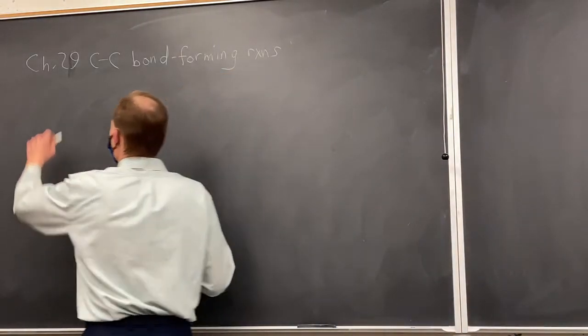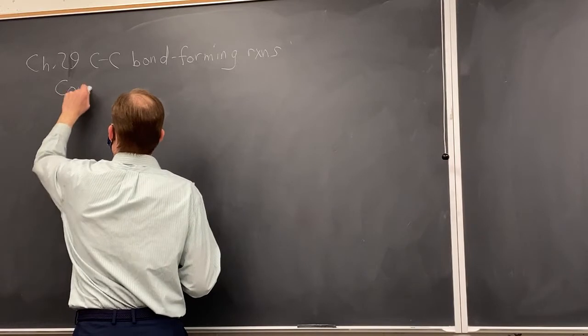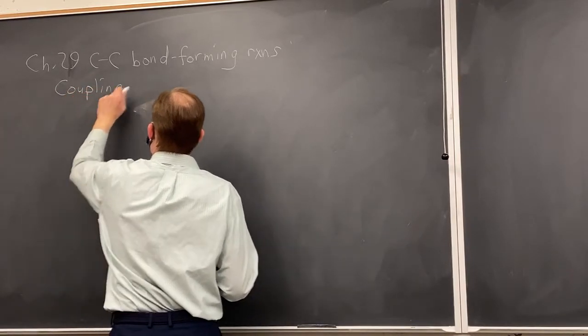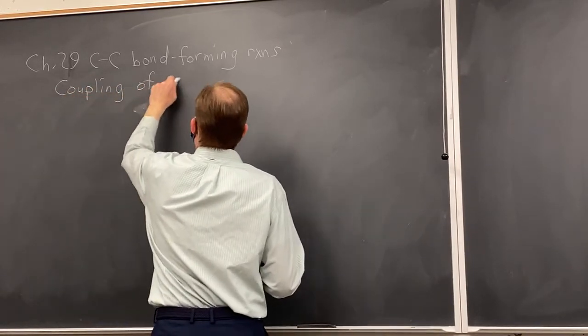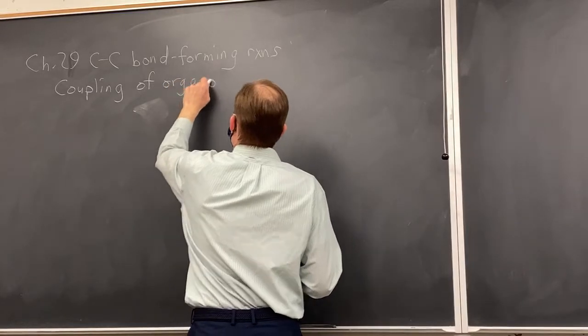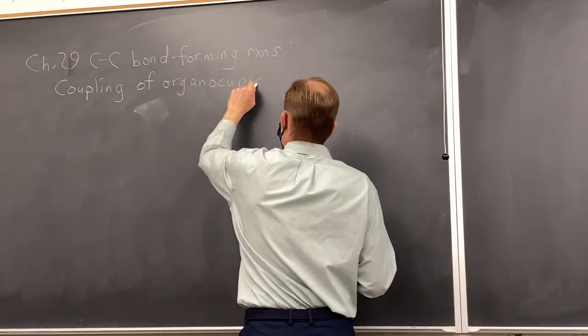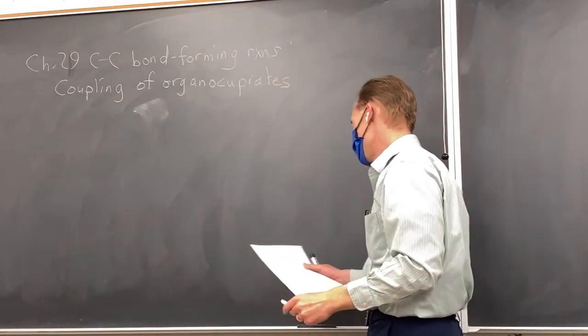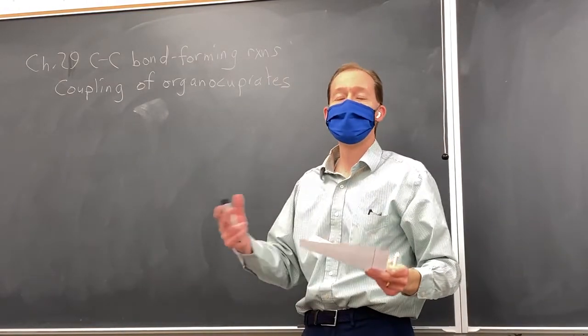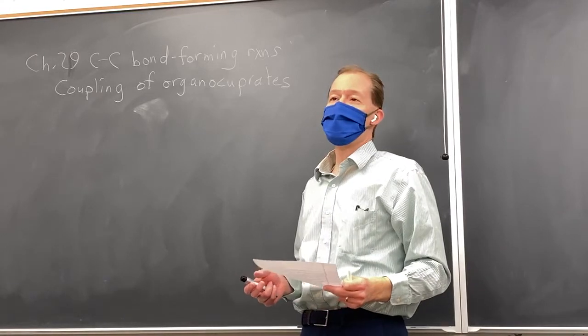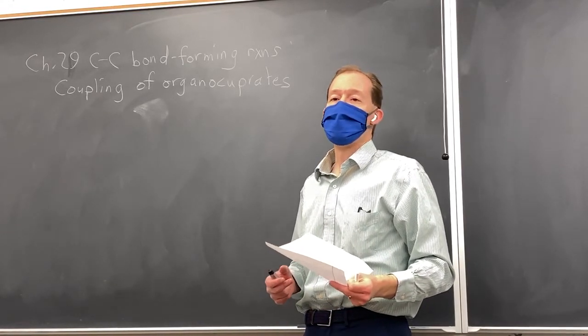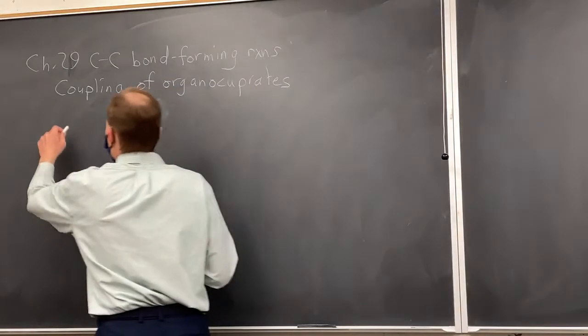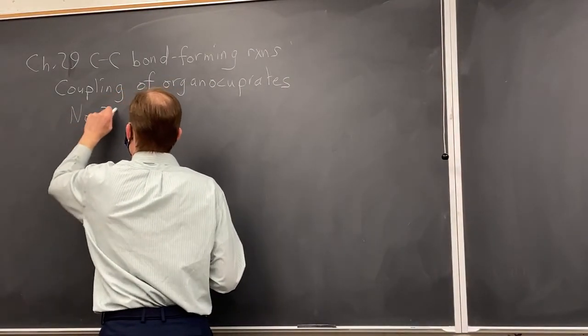And we started out with the coupling of organocuprates. So we're coupling organocuprates with halides, and we said that we could use pretty much anything other than tertiary alkyl halides.